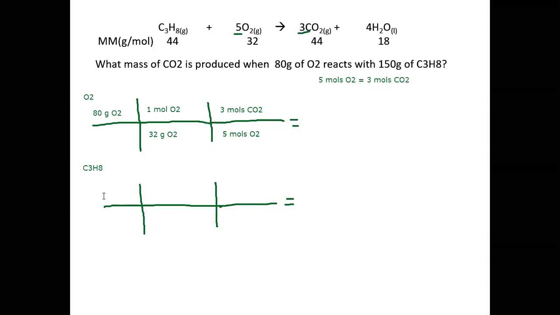We do the same thing with propane. We start with 150 grams. We convert it to moles. Now the mole ratio between propane and CO2 is 1 mole of propane gives us 3 moles of CO2.